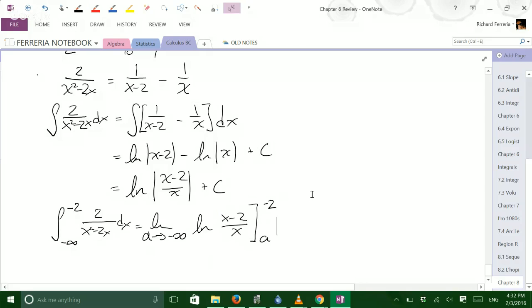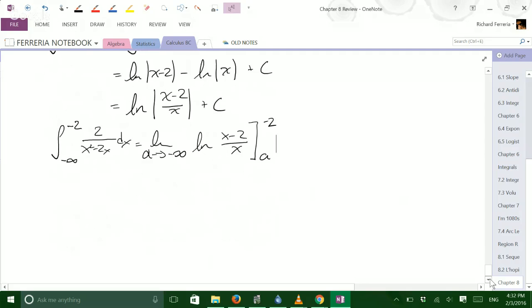Let's substitute. This equals, where's my cursor? There we go. This equals the natural log of 4 over 2, is that 2? Yeah. Minus the limit as a approaches infinity of a minus 2 over a.